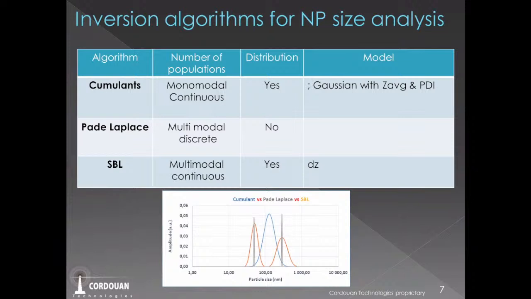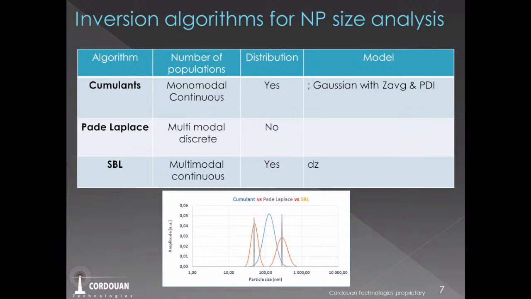It's very strong, it's very famous, and when you publish scientific papers, everybody will ask you for the Z average and the PDI in order to know what you have in your colloid. But it's not the best one for sure. Because when you have a polydisperse colloid, which is most of the time what we have, in that case, it's not going to fit properly.